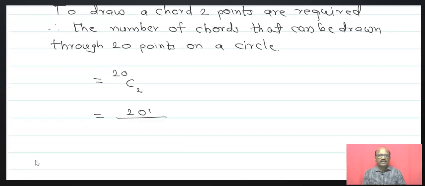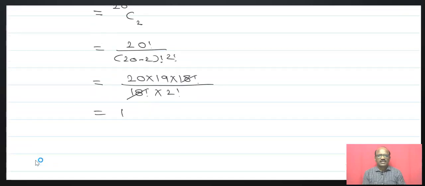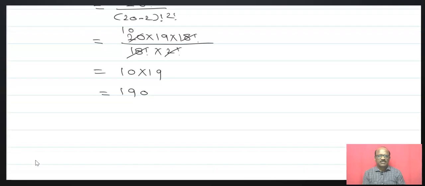Find the value of 20 factorial upon (20 minus 2) factorial into 2 factorial. That is equal to 20 into 19 into 18 factorial upon 18 factorial into 2 factorial. These two get cancelled. You will get 10 into 19, and that is equal to 190. Therefore, the number of chords is 190.